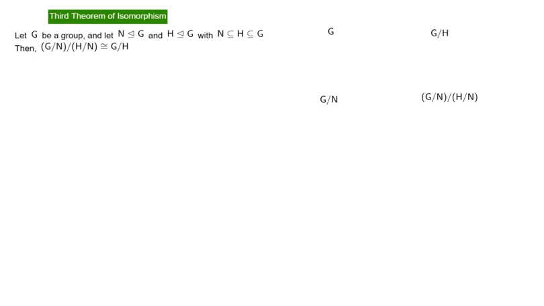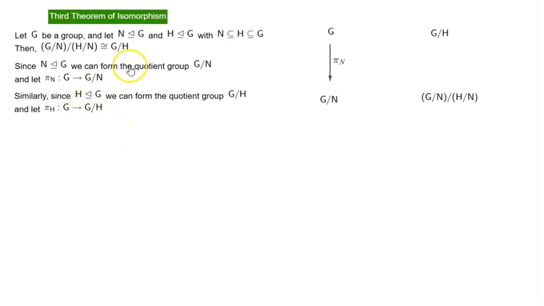So let's prove this. Since N is a normal subgroup of G, we can form the quotient group G/N and let pi sub N be the homomorphism from G to G/N. Similarly, since H is a normal subgroup of G, we can form the quotient group G/H and let the canonical projection pi sub H be the homomorphism from G to G/H.